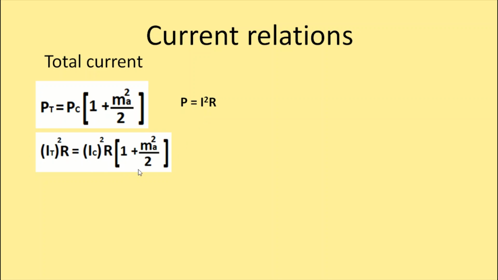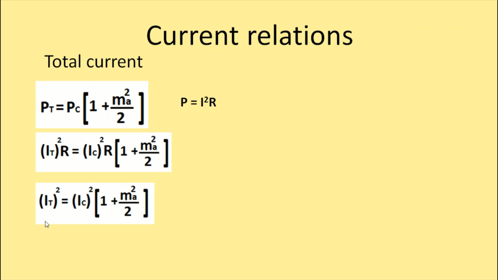Now, having these substitutions done in this particular equation, the final complete equation is IT square into R is equal to IC square into R into 1 plus MA square by 2. Considering that the antenna resistance throughout the communication is the same value, we just strike off this R on both the sides.